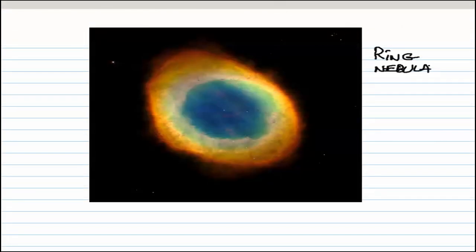Okay, this is the famous Ring Nebula. So we are viewing this edge on, right? Basically, it looks to us as if it was a donut, but it's really a cross-section of a spherical shell.